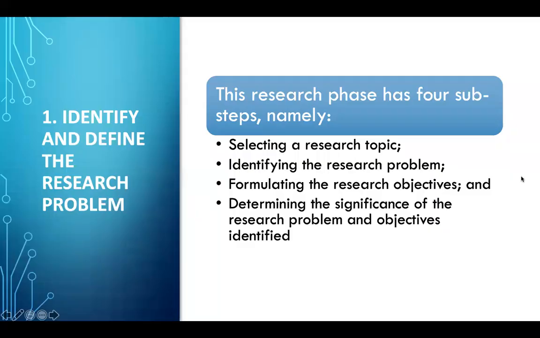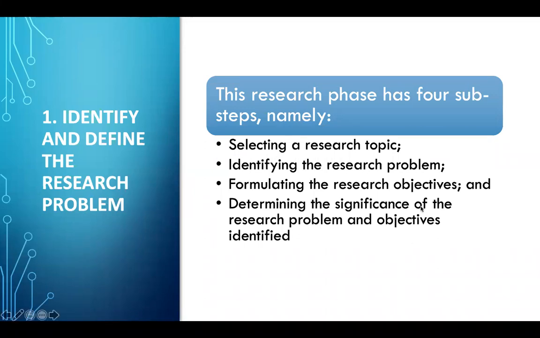So the first step is to identify and define the research problem. Since research is a problem-solving activity, it only follows that the first step is to identify and define the research problem.